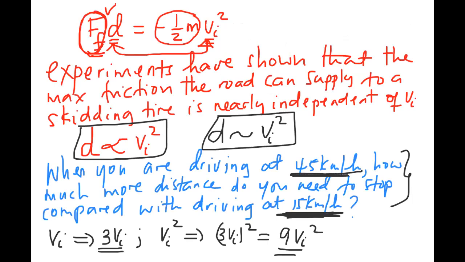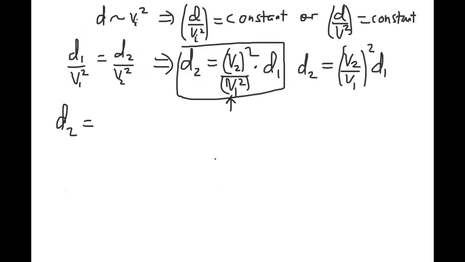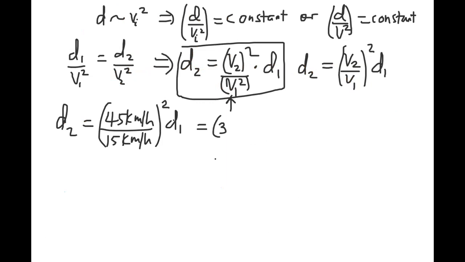So go back there and substitute. V2 is 45 kilometers per hour, V1 is 15 kilometers per hour, then everything squared times D1. 45 over 15 is 3. And this is 3 squared times the original distance D1. So this gives you 9 times D1.